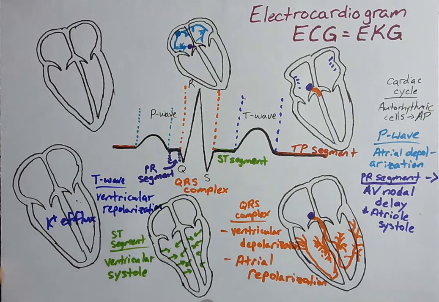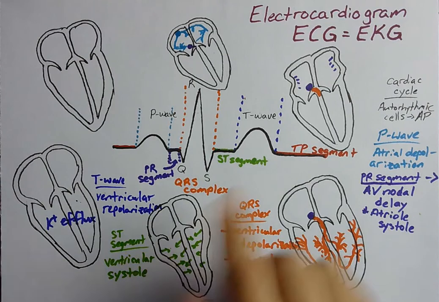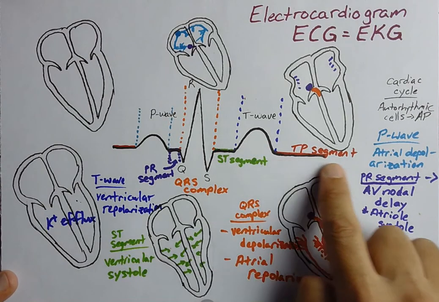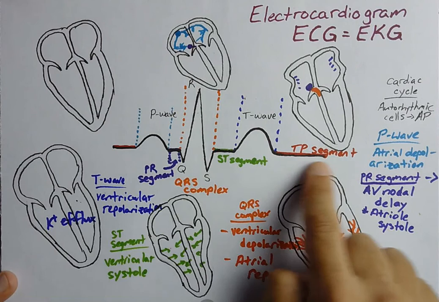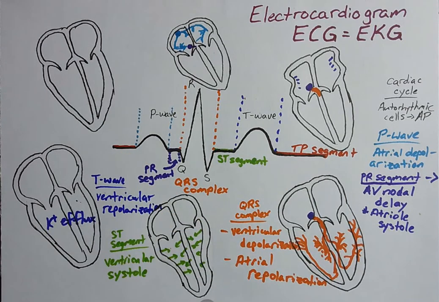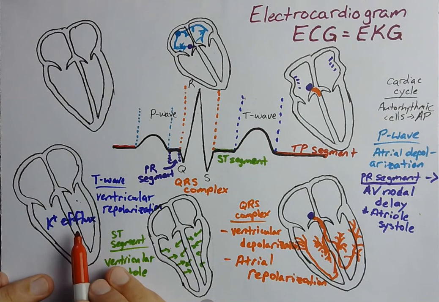Last but not least, after the T wave, there's this big, long, flat line called the TP, all right? The TP. And the TP, well, what happens there? What happens after the ventricular myocardial cells have contracted and repolarized?